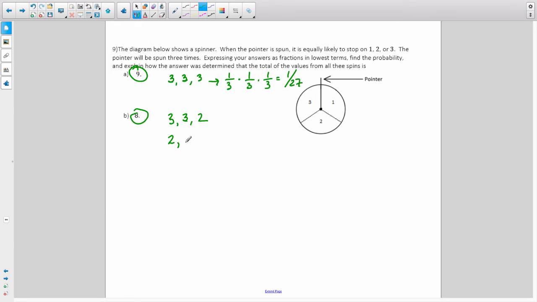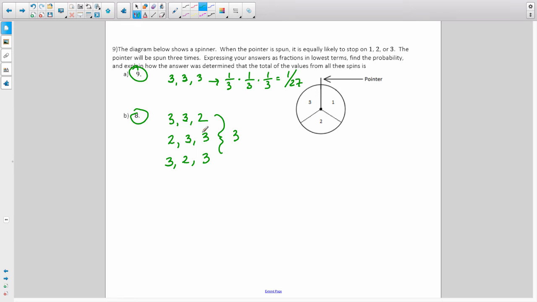Then you'd have 2, 3, 3. And is there any other way we can arrange these spins to occur? Well, I think I could put the 2 in the middle. How about that? Cool. So there are 3 ways to spin 3 times and end up adding up to 8.